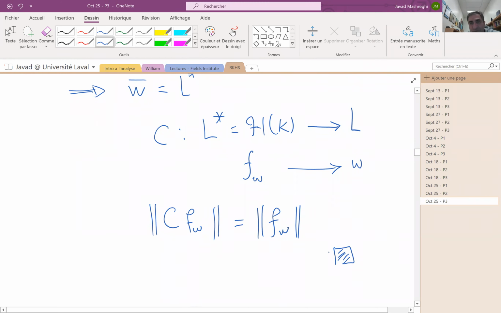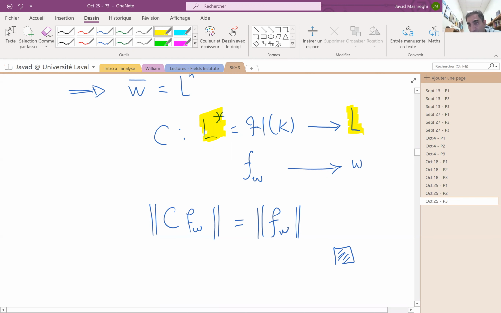So it shows that because of this surjective isometry, it covers all W. Because of this surjective isometry, instead of looking at L, which is an arbitrary Hilbert space, you can look at L star as an RKHS.